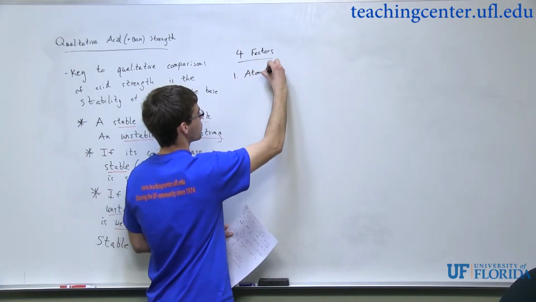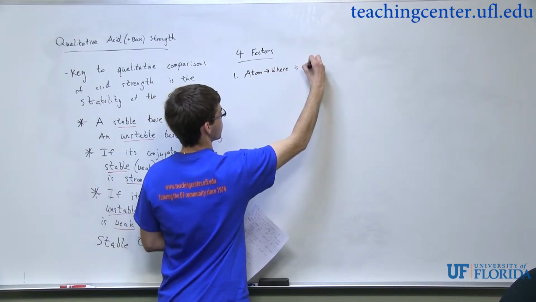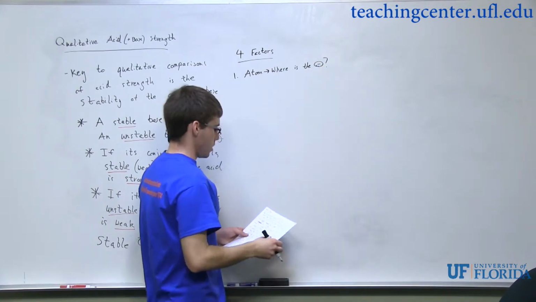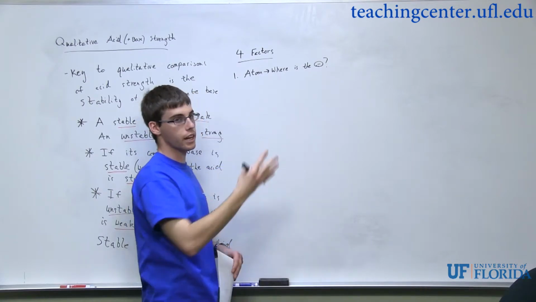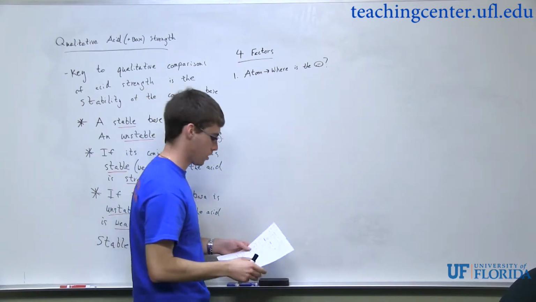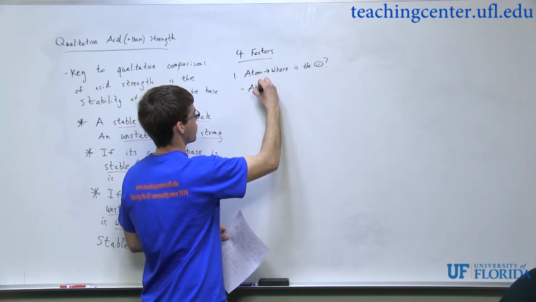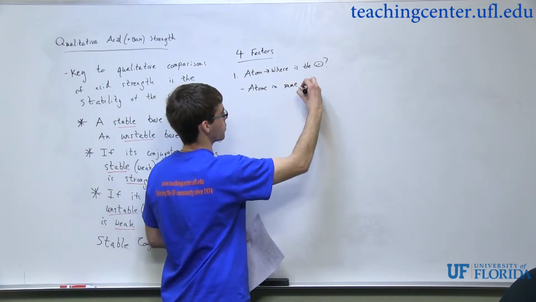We're asking where the charge is, and it's going to be a negative charge. So we're comparing the location of the negative charge after the deprotonation. Say we have atoms that are in the same period, the same row of the periodic table.